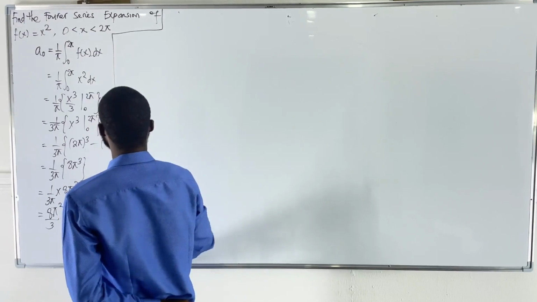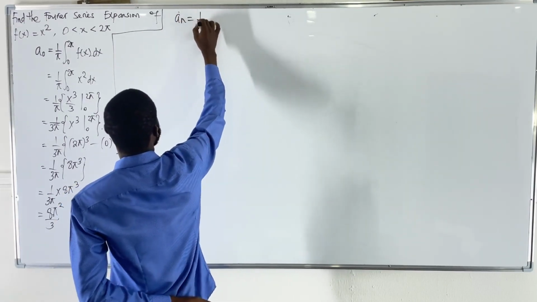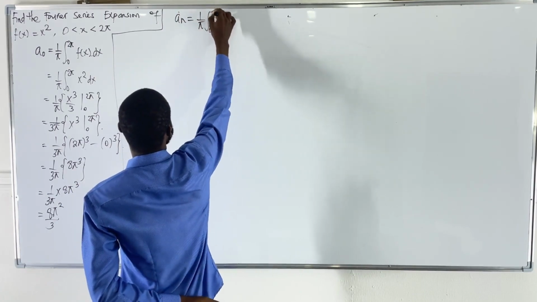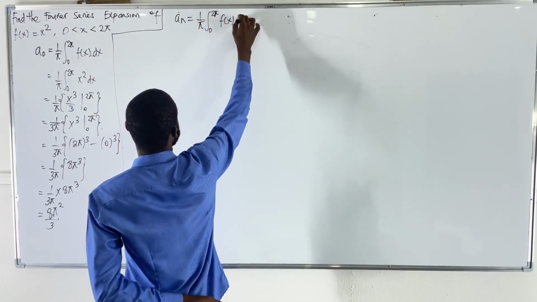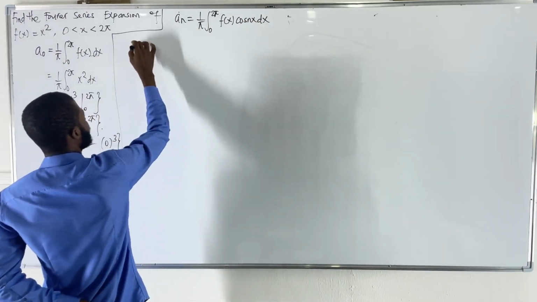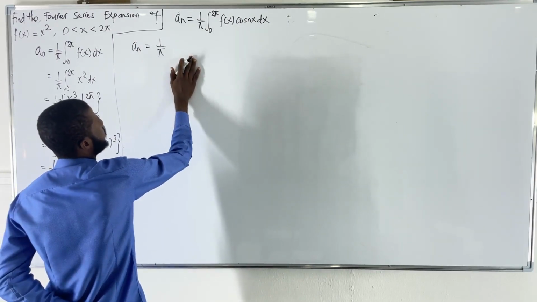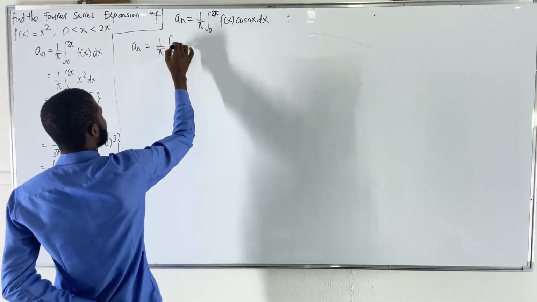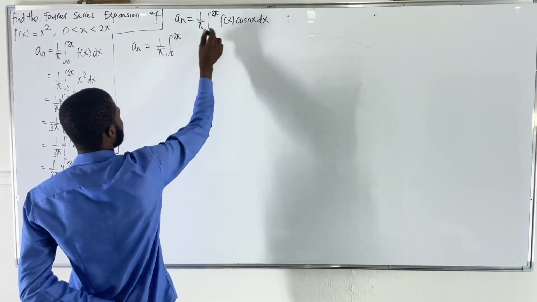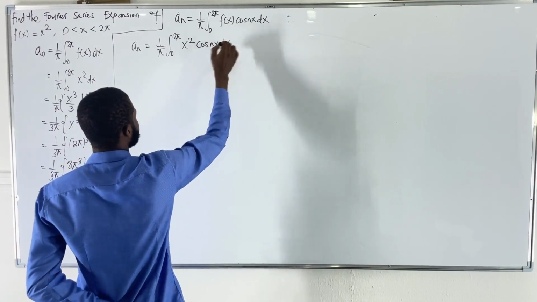That's A sub 0. So A sub n is 1 over pi integral from 0 to 2 pi of f of x cos nx dx. So this is A sub n equal 1 over pi integral from 0 to 2 pi, the f of x was x squared, that's our function, cos nx dx.